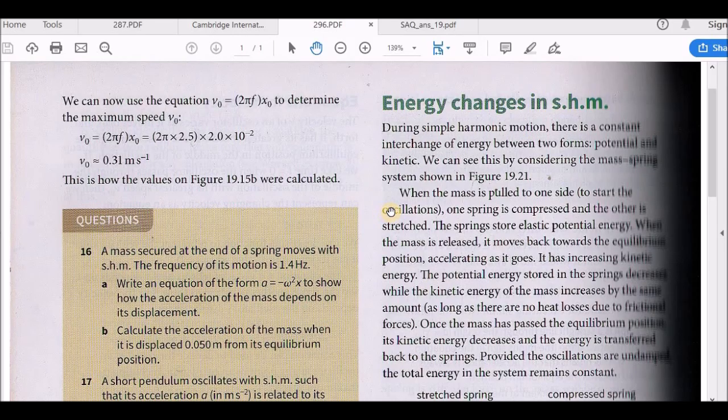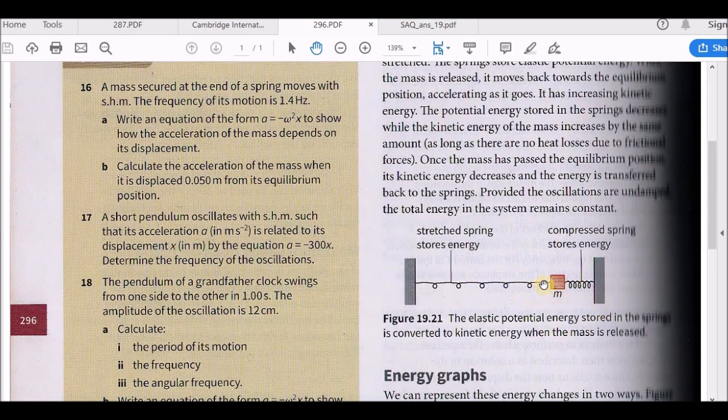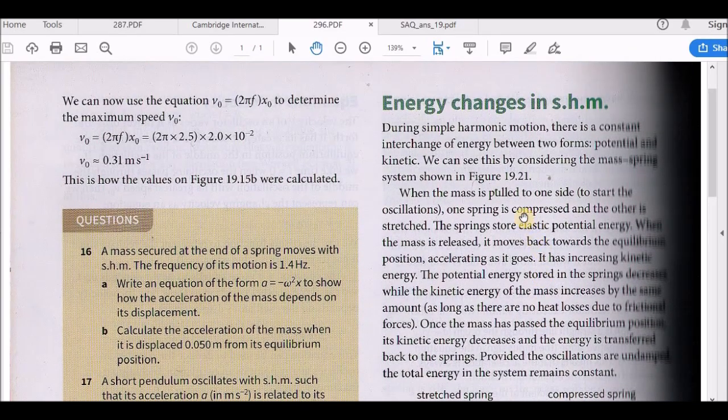The next topic is energy changes in simple harmonic motion. During simple harmonic motion, there is an energy change. For example, over here, the energy changes from kinetic energy to gravitational potential energy. So there's a constant interchange of energy between two forms, potential and kinetic.